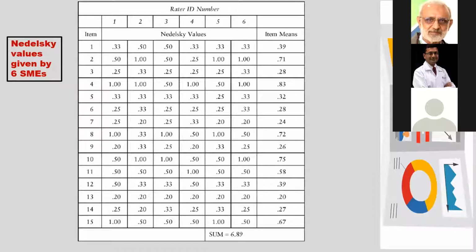Similarly, the 4th, 5th, and 6th assessors give 0.3, and therefore we can calculate a mean of 0.39. Similarly, the mean is calculated for each item, and then a total score is calculated.